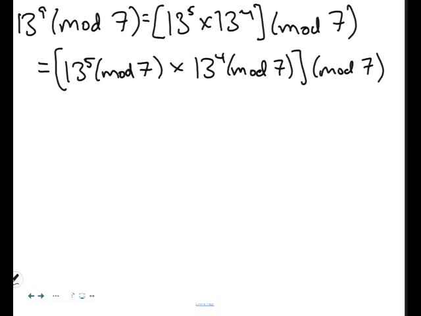Okay, so let's think about that value for the moment. We'll have our 13 to the 5th mod 7. How can we think about going and doing this calculation? Right, well, we can break this up and say, well, this is just equal to 13 cubed times 13 squared mod 7.